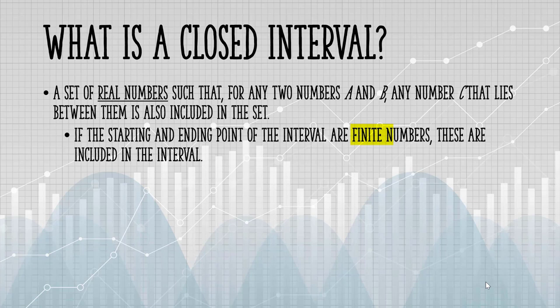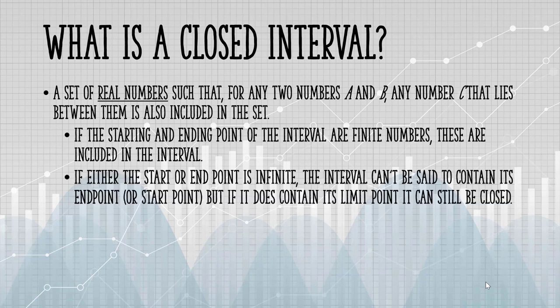Finite there means bounded. You can think of it as the opposite of infinite. If either the start or end point is infinite, the interval can't be said to contain its end point or start point, but if it does contain its limit point, it still can be closed.